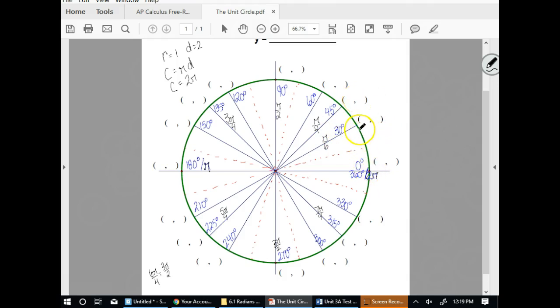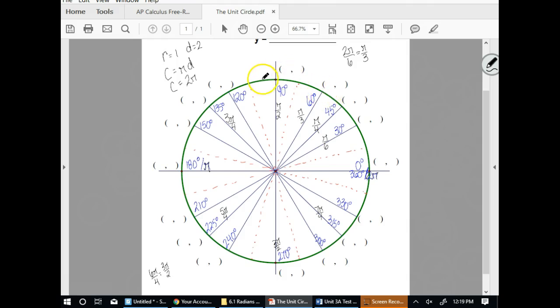If I go another 30 degrees, that gets me to 60, right? That would be 2 pi over 6. But 2 pi over 6 reduces to 2 pi over 3. So pi over 3. Right?